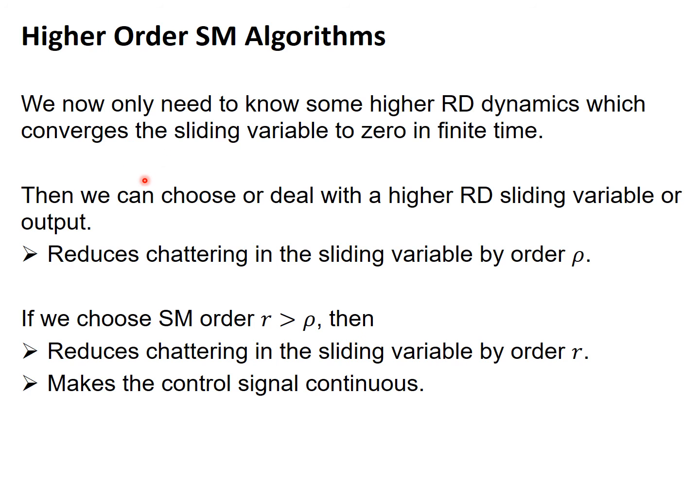If it is a second order sliding mode algorithm, then S double dot must contain the discontinuity, and we have to see the convergence also. We will only study two algorithms, twisting and super twisting, which are second order. We will not go to any other second order or higher order algorithms. These two are the most important, super twisting being the more famous one, and we will understand their convergence.